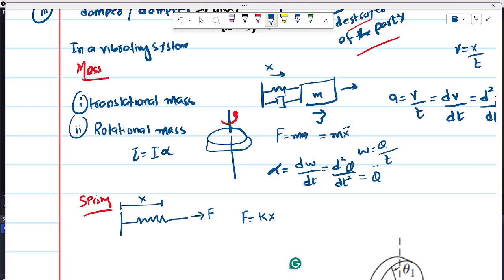The other thing is the spring can exist in the form of rotation. So we have the translational spring, and the other one is rotational, or more appropriately for the spring case, it's called a torsional spring.